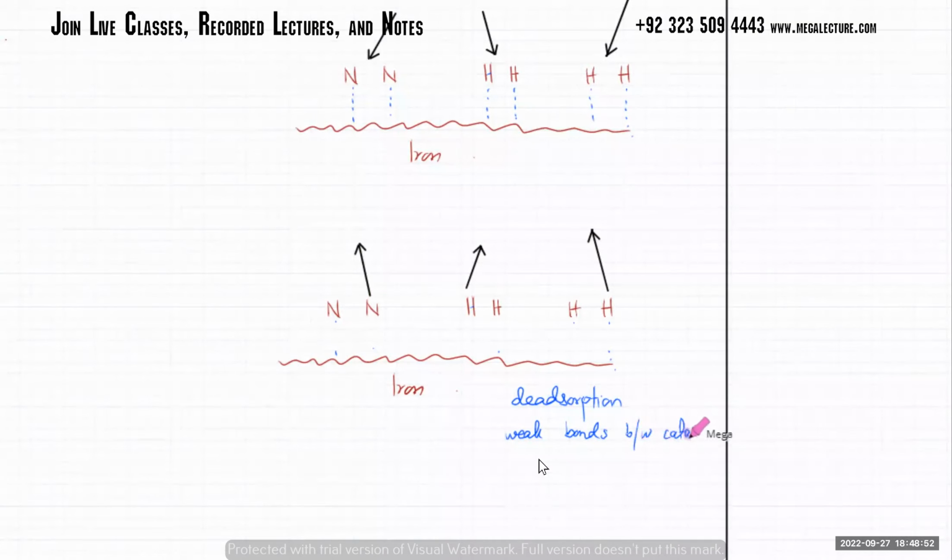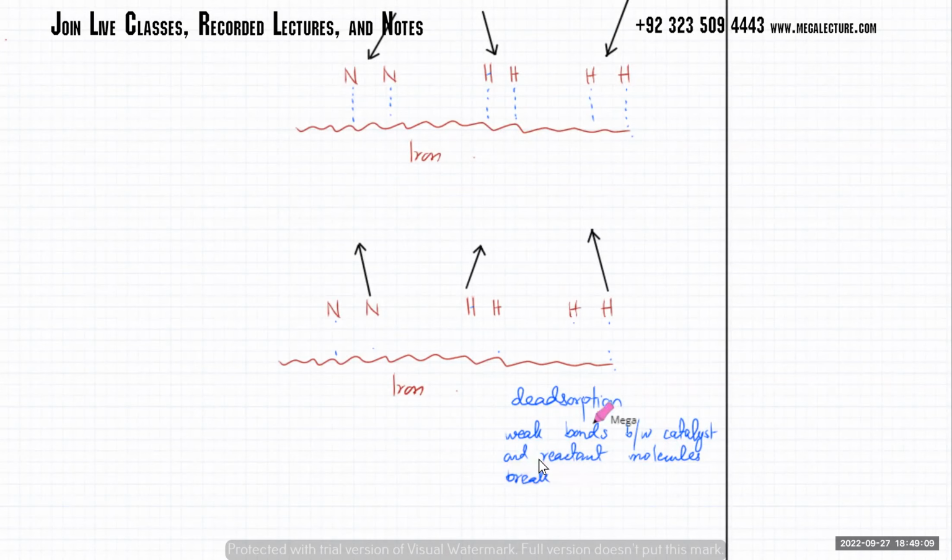the catalyst and the first part is adsorption.